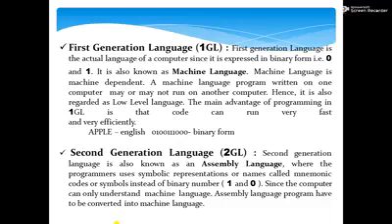Second generation language used alphabet letters, which means English words were used. So programming was technically easier than using the complex series of 0s and 1s of machine language. So this is about second generation language.